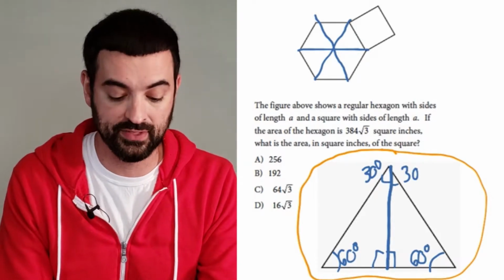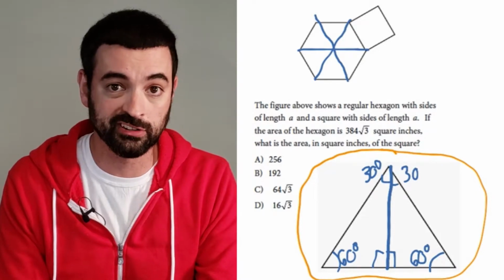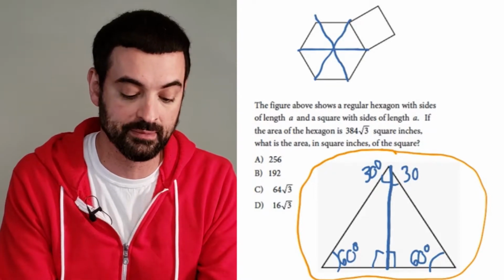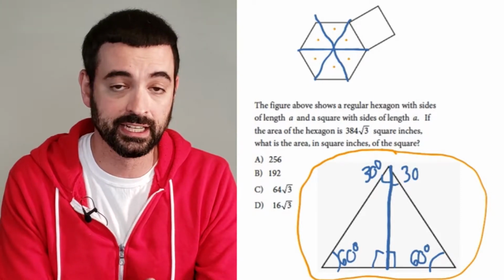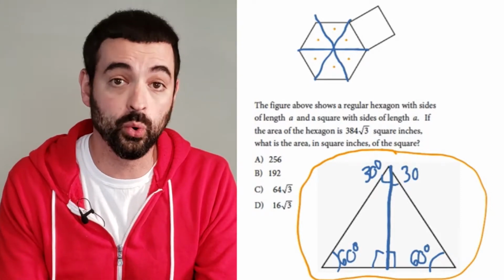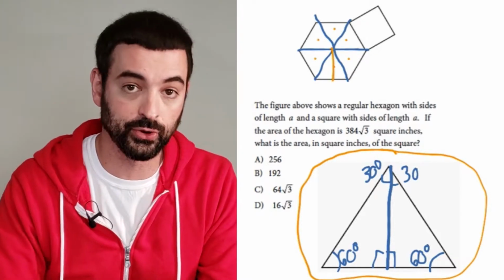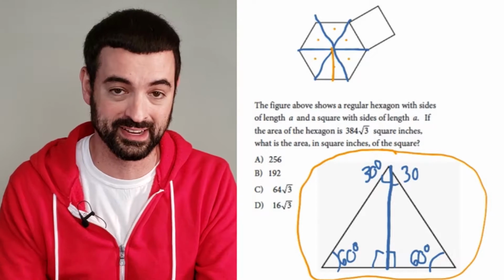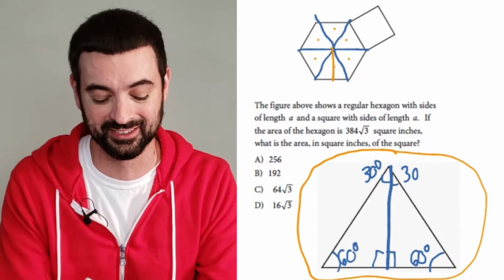The area of the hexagon is 384 root 3. We also know that this hexagon can be made into 1, 2, 3, 4, 5, 6 equilateral triangles, or into 12 30, 60, 90s. I'm not going to draw them all because we've got some technological limitations here and some handwriting limitations, to be honest.